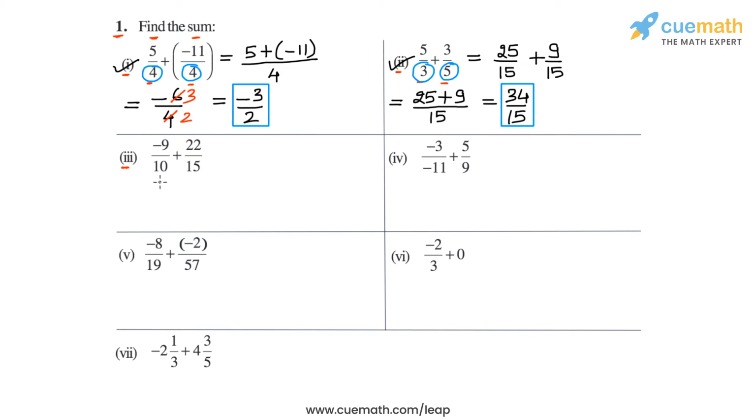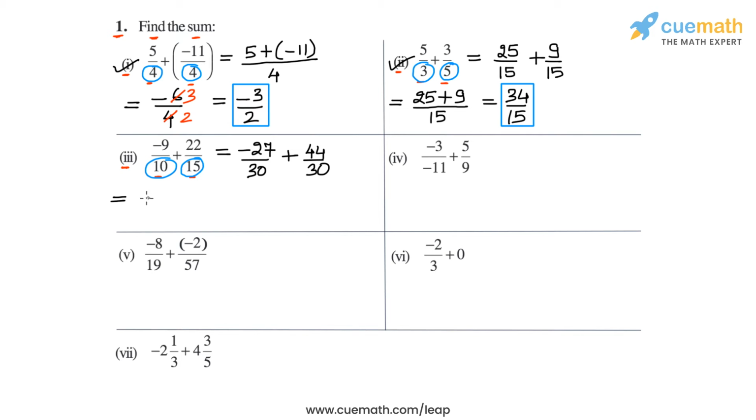In part 3, we have to calculate minus 9 by 10 plus 22 by 15. The denominators are 10 and 15, and the LCM of the denominators is 30. So let's write both of them as equivalent rational numbers with denominator 30. So minus 9 by 10 can be written as minus 27 by 30, and 22 by 15 can be written as 44 by 30.